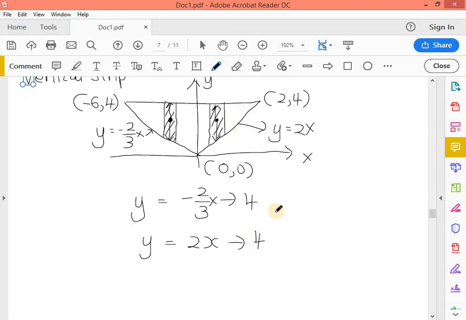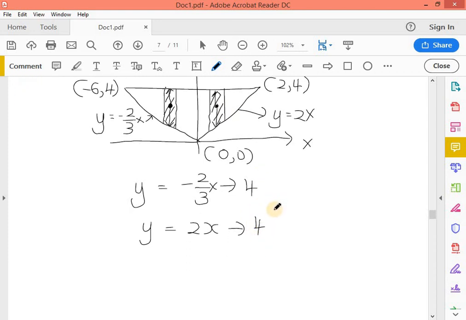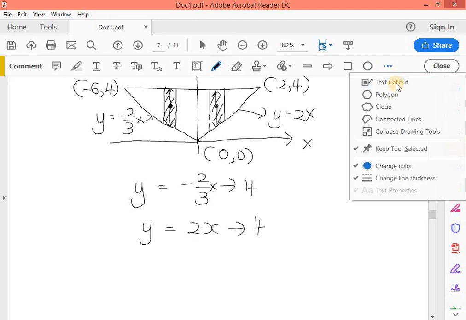So which one should I choose? I have 2 different intervals for my y, am I right? So in this case, I have to split my big triangle into 2 small triangles. Meaning that I have to split it.